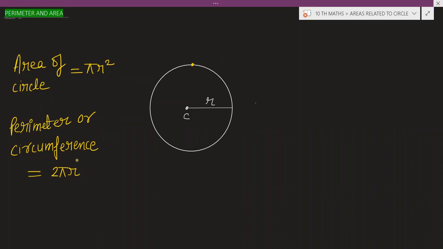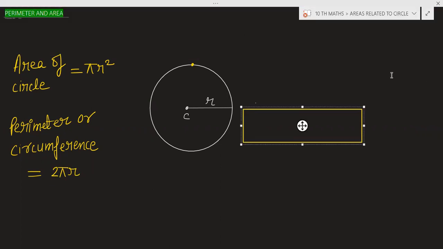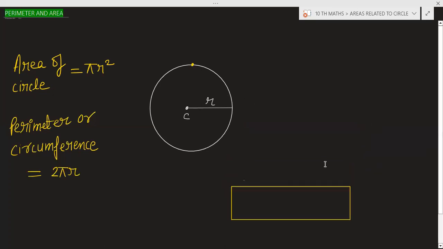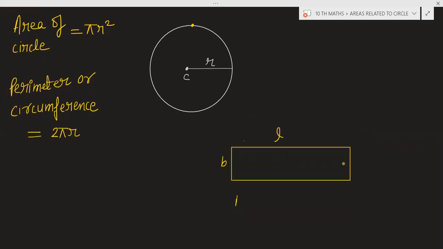For example, if I am taking one rectangle, this has the length L and breadth B. If I am talking about the area of this rectangle, that will be length into breadth. What will be the perimeter of this? What is the meaning of the perimeter? Perimeter means the length of the boundary.